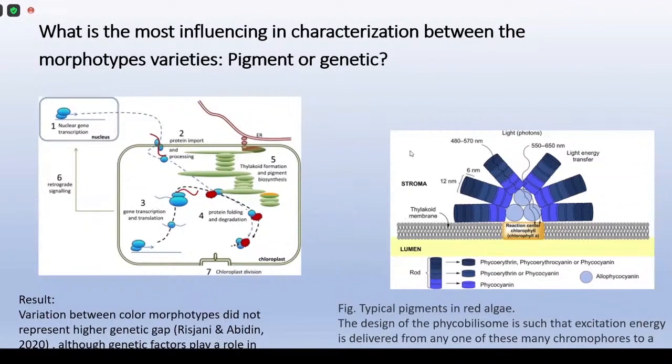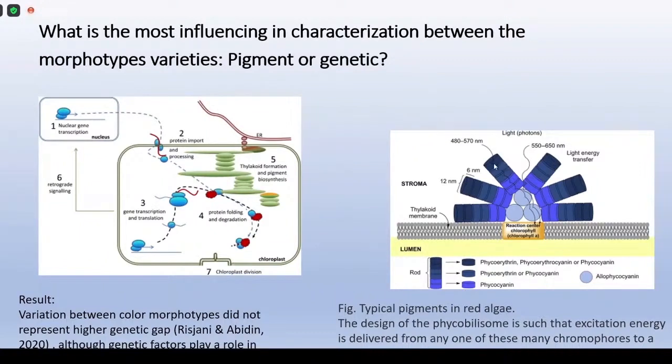This is the typical pigment in red algae. The design of the phycobilisome is such that excitation energy is delivered from any one of these many chromophores to the reaction center in the photosynthetic membrane with an efficiency approaching 100%.